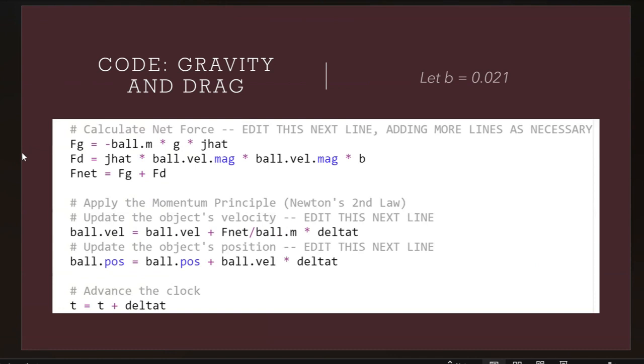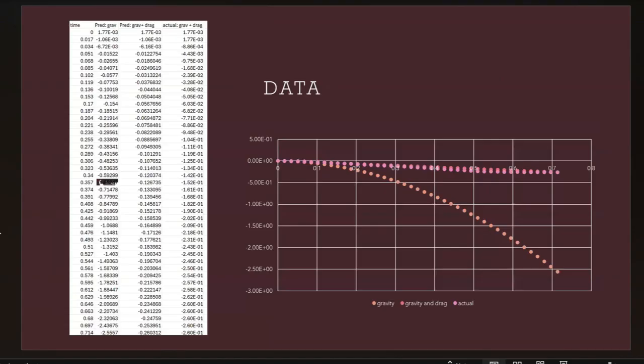The gravity and drag code also includes an additional parameter, F sub d, and the net force accounted for this by also adding the drag force onto the gravitational force. So then when we updated the velocity and the position, we got a better model for what was actually happening as we dropped the gum wrapper.